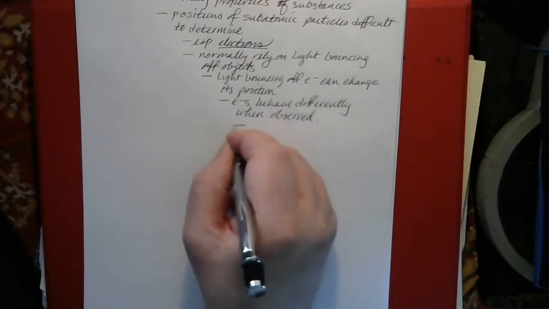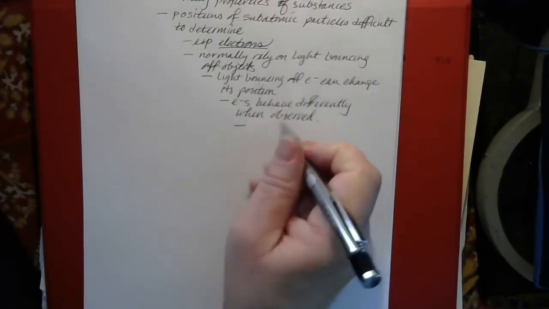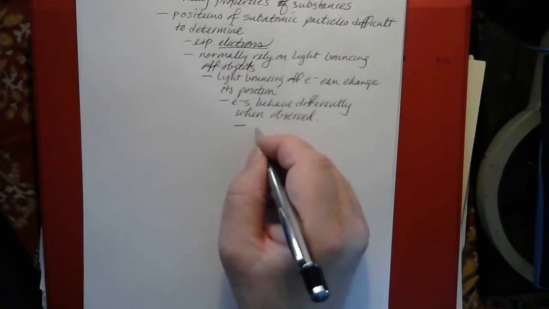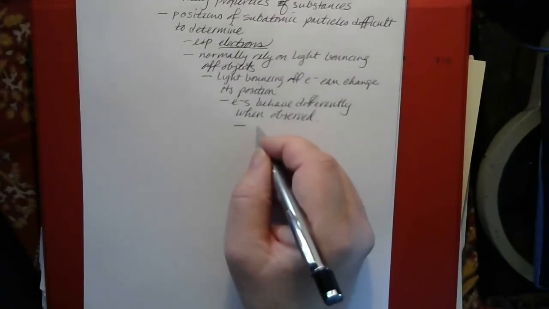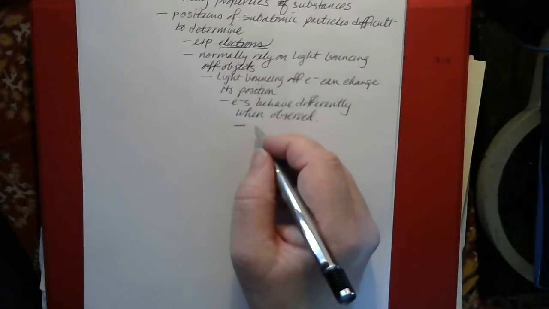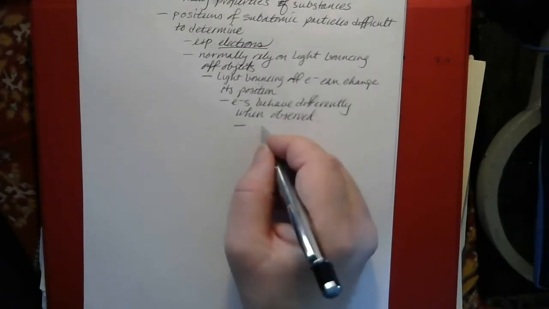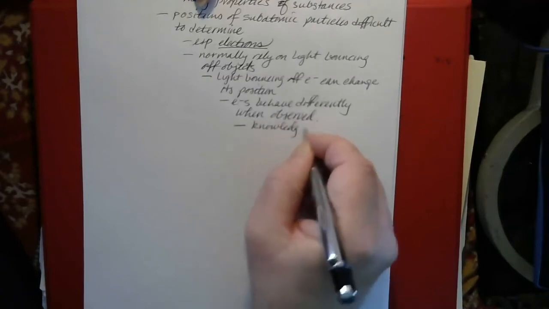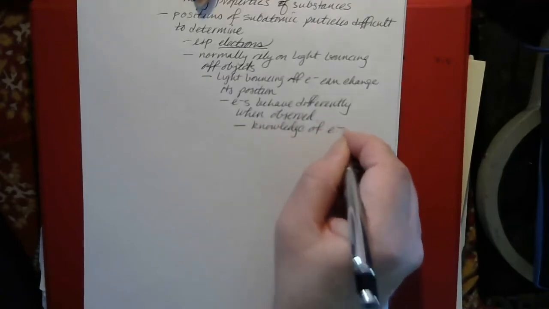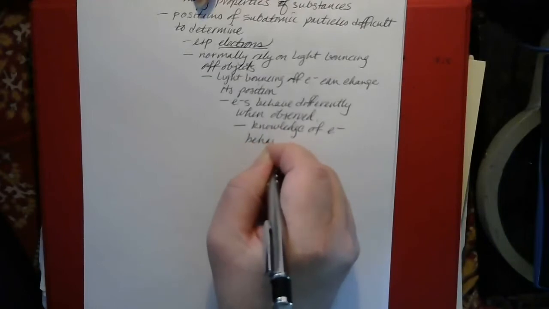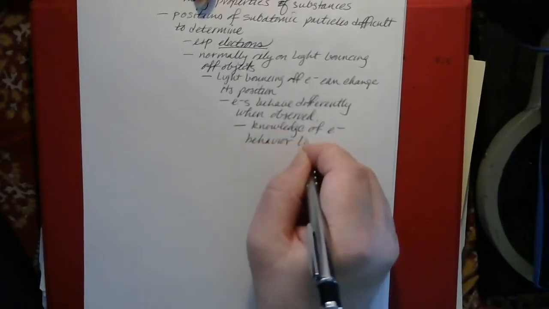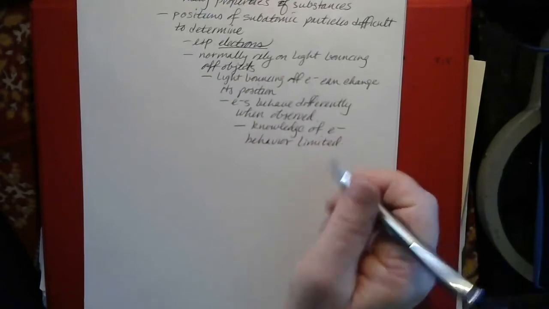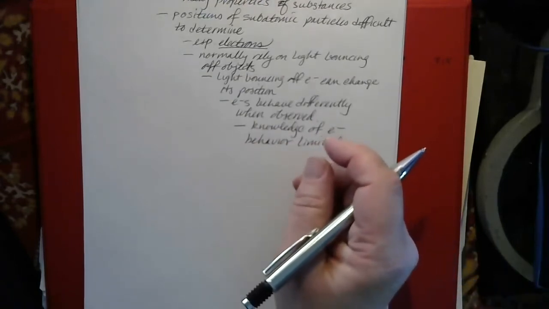Because things like electrons behave differently when they're observed versus when they're not observed, it can be very difficult to understand the behavior of objects like that. So you could say that because of that, our knowledge of electron behavior is actually quite limited.